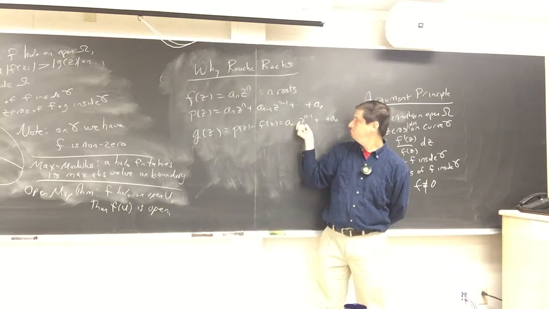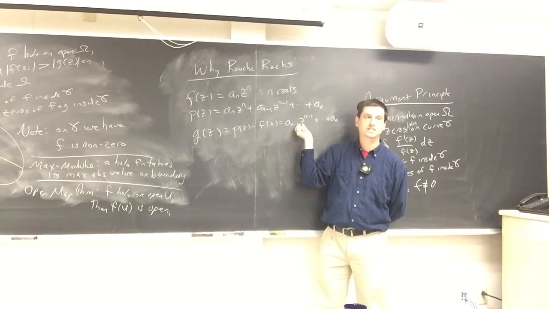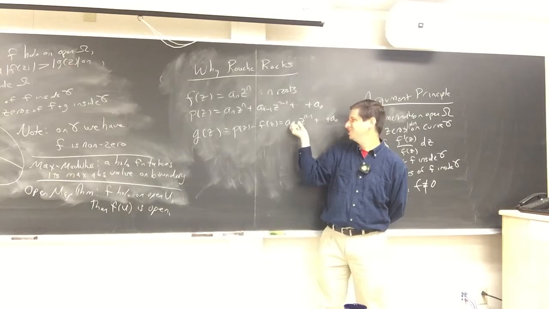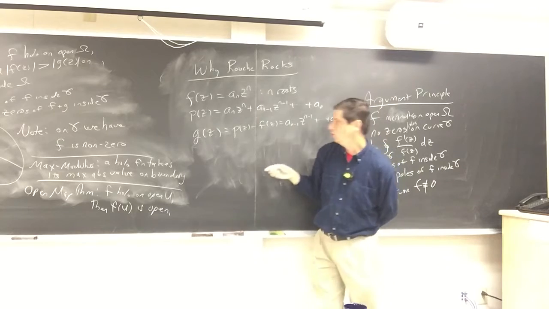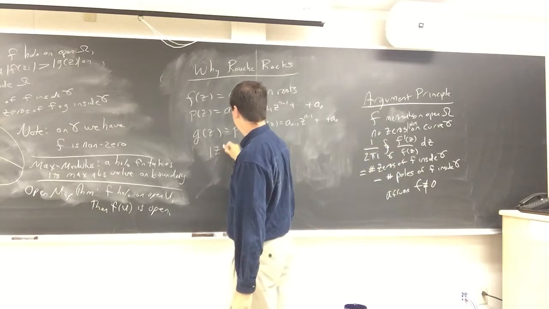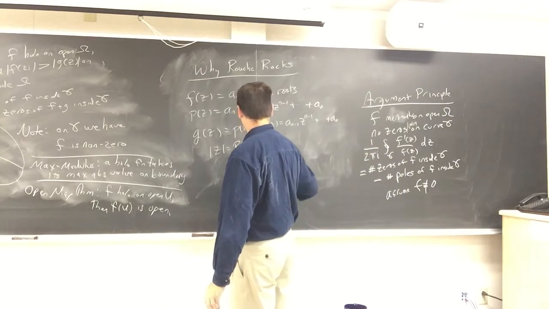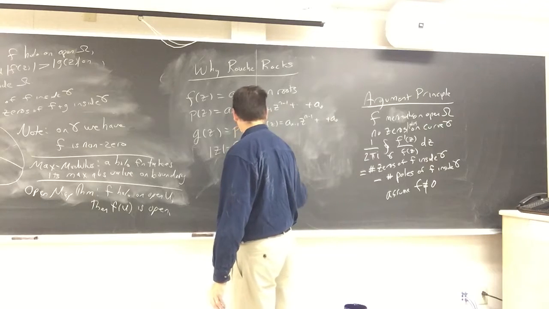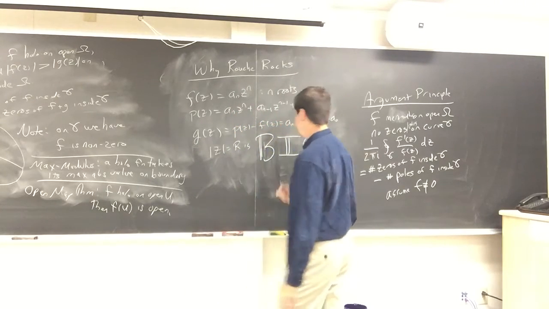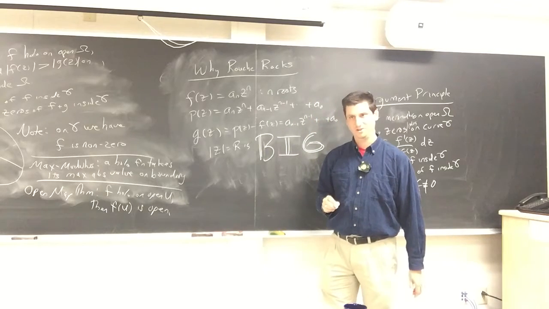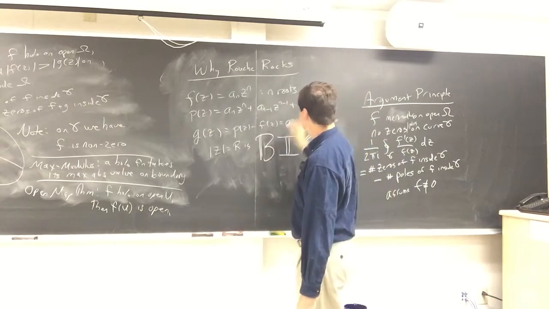Say z has absolute value r. f is growing like r to the n, and g is going like r to the n minus 1. So if it's big, how big can this be?